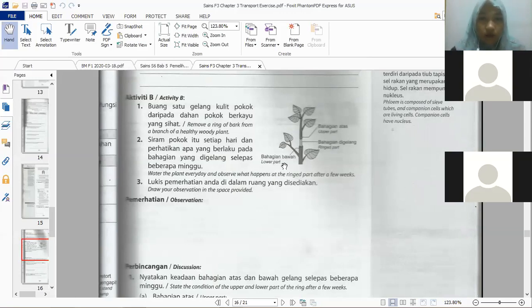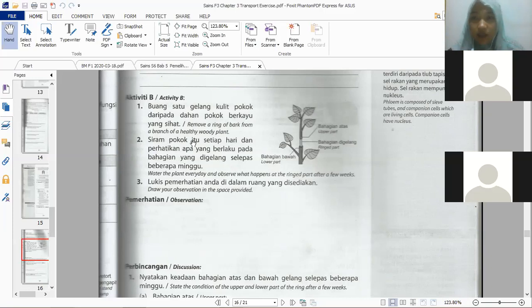This one involves removing a ring of bark. See here, they remove this part, the bark, a ring. They say ring just because the stem is shaped like a ring, round. So they just say remove a ring of bark. It is the outer layer of the shoot of the stem, from a branch of a healthy woody plant.